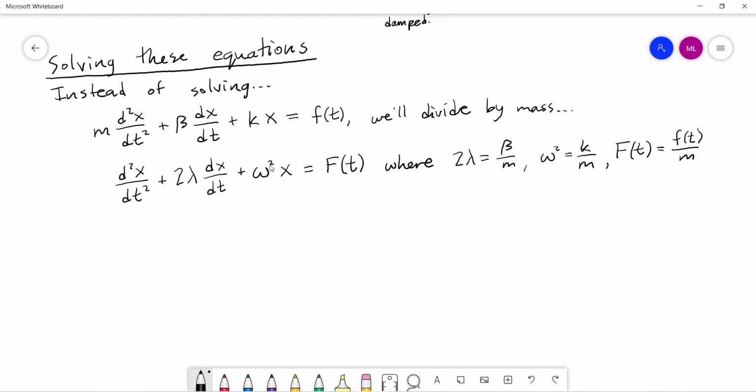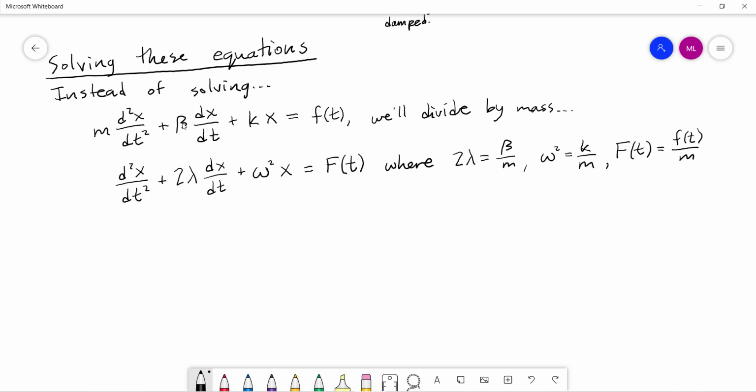So one thing I want to keep in mind is we're absolutely allowed to do what we just did because the mass, by definition, has to be greater than 0. Right? So keep in mind that all of these terms up here, in fact, have to be greater than 0. The spring constant has to be a positive number.